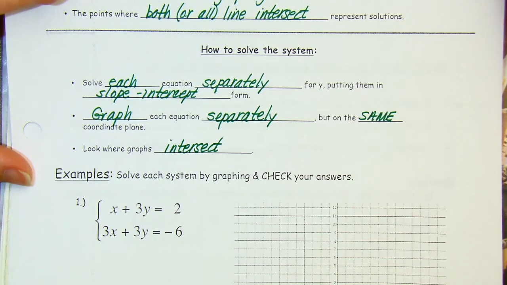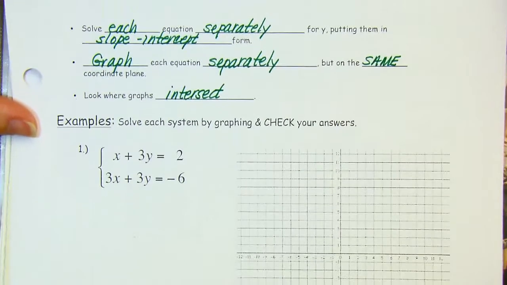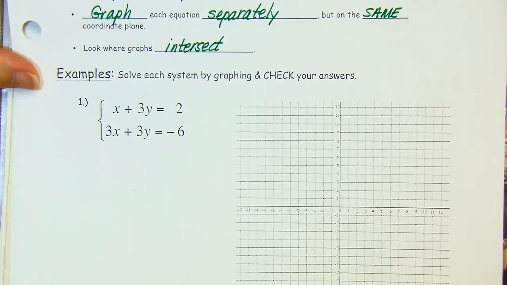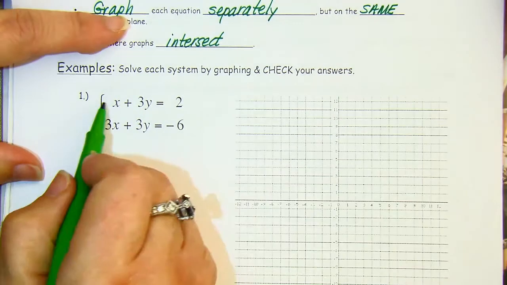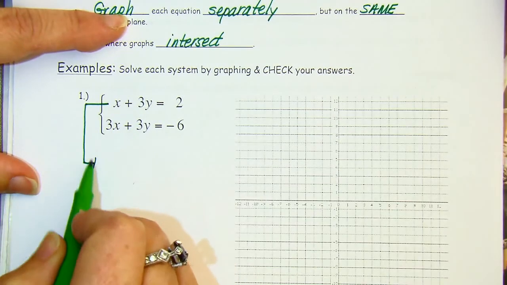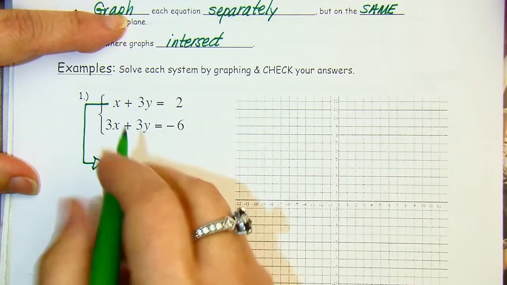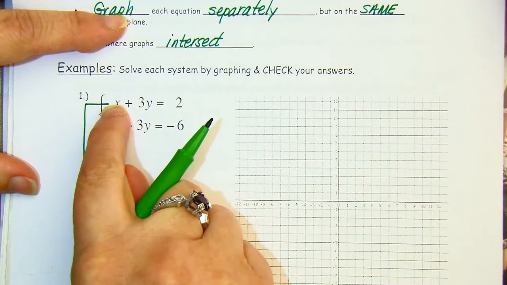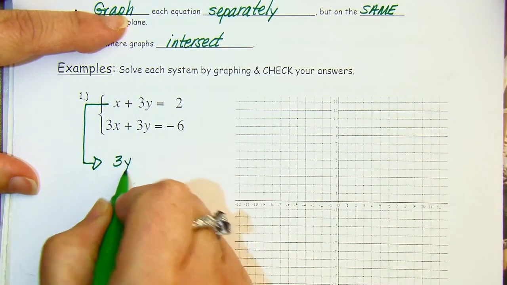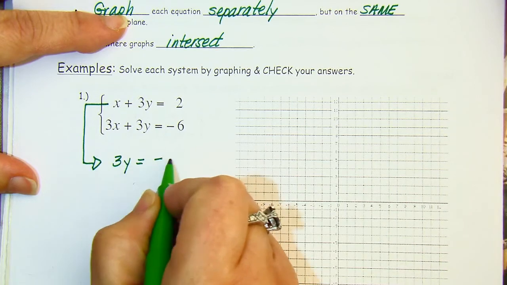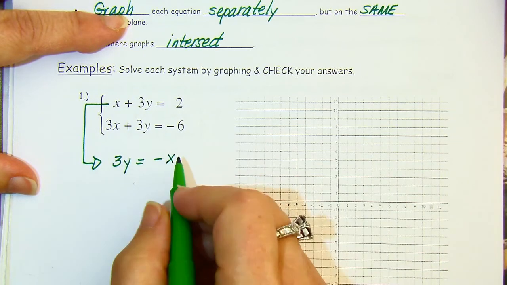So, for example, we have this system, and notice that the two equations are in standard form. You must convert them to slope-intercept form. So I'm going to move x to the other side. So this becomes 3y equals negative x, because I'm subtracting it, plus 2.